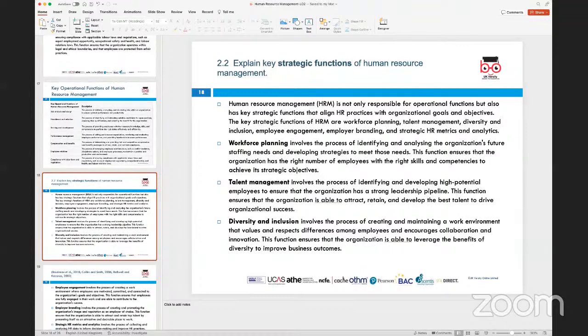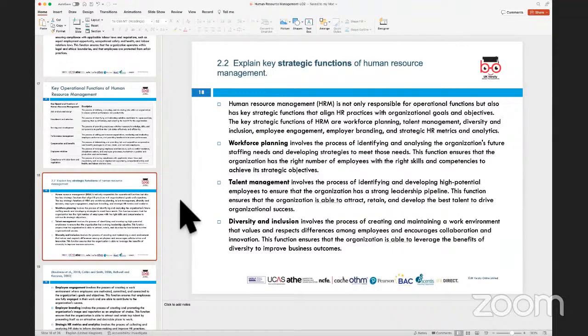That would be an example of a strategic function, because here they would have planned for all this at some stage, and then putting it to practice would require the actual plan to be put into action, and that would be the implementation part of it when they get a go-ahead from the management. So this would involve workforce planning.